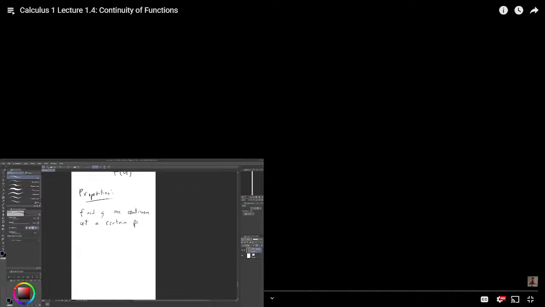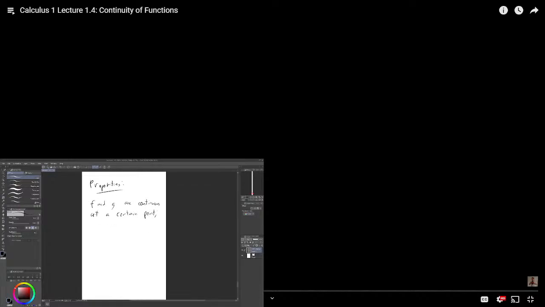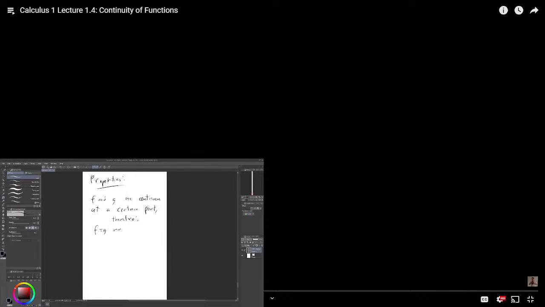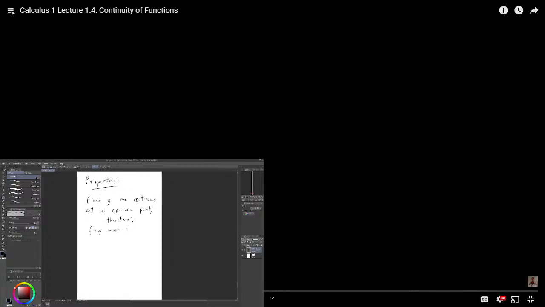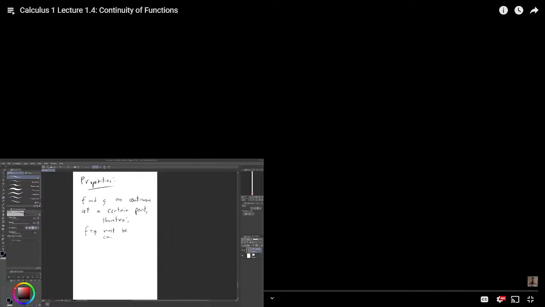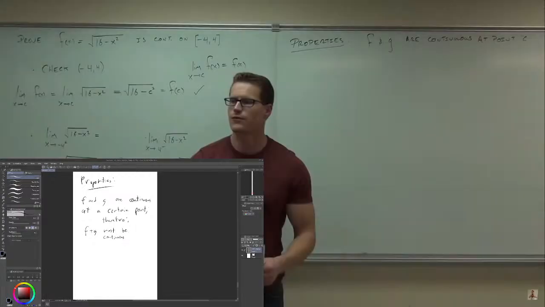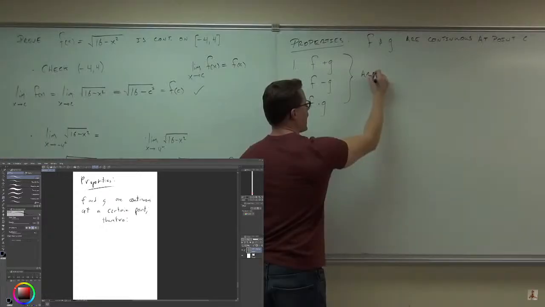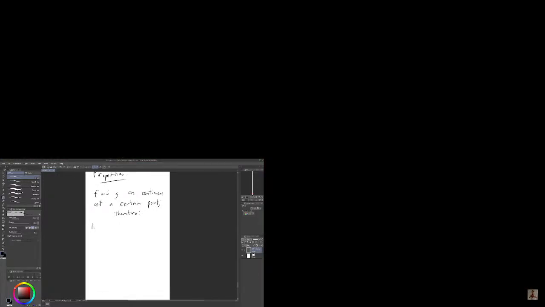Firstly, f plus g must also be continuous. f minus g must also be continuous. f times g is continuous at that specific point.